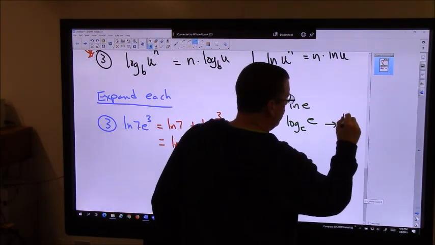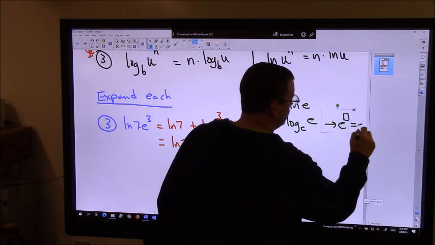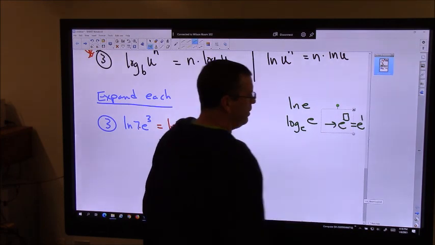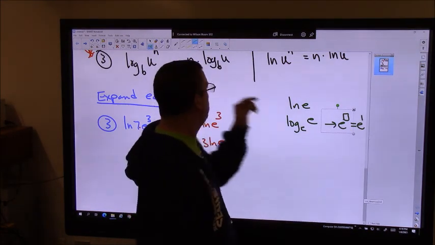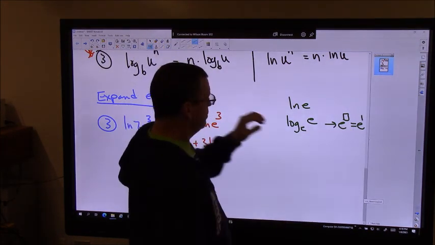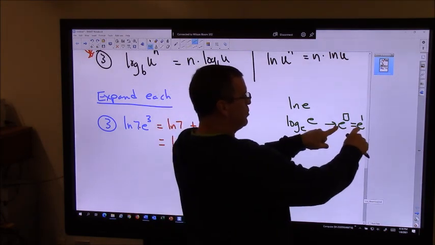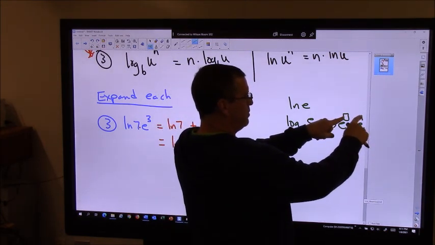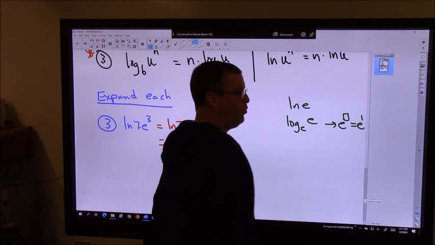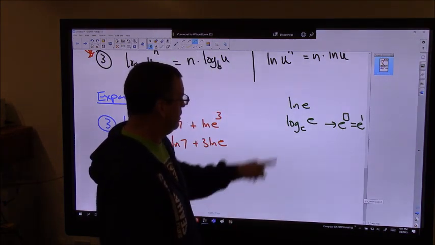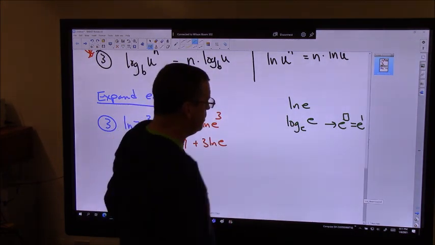E raised to what power equals e? Well, this exponent right here's a 1. This looks like our one-to-one property. Okay, my bases are the same, which means my exponents have to be equal. So what's this going to be? It's got to be 1. Right? E raised to what power equals e?